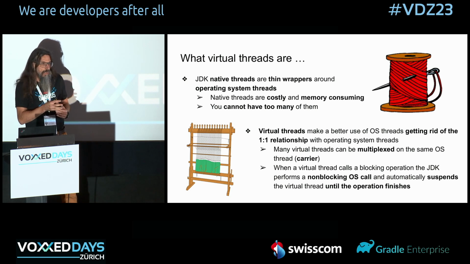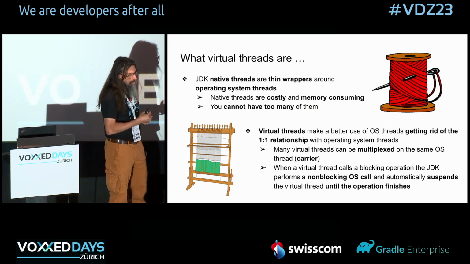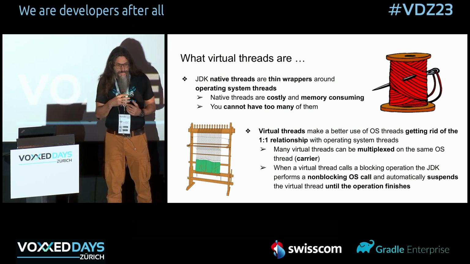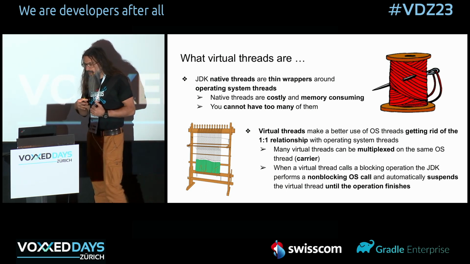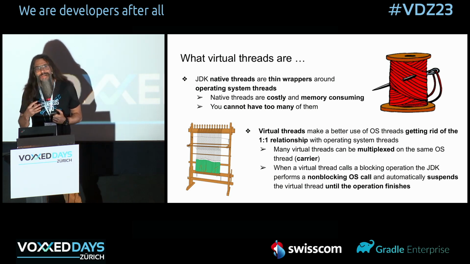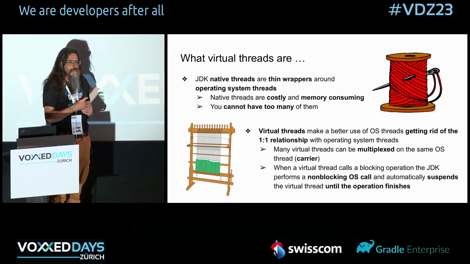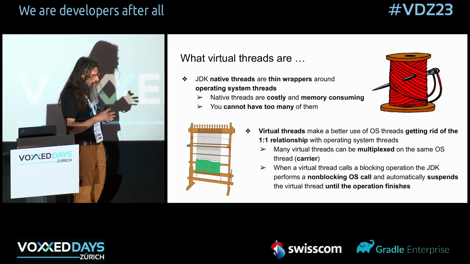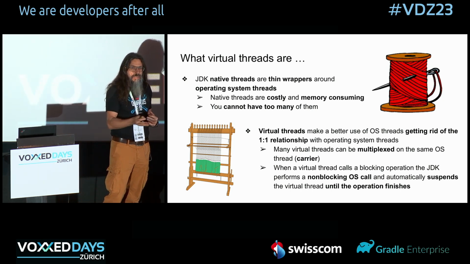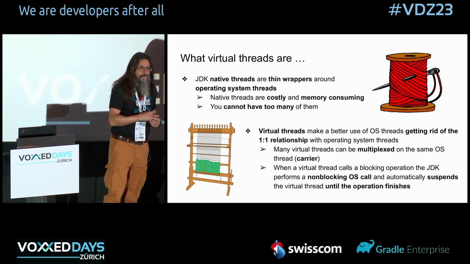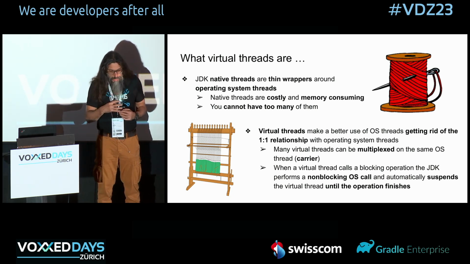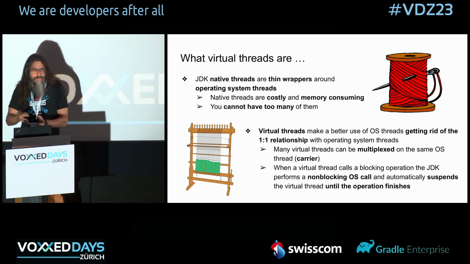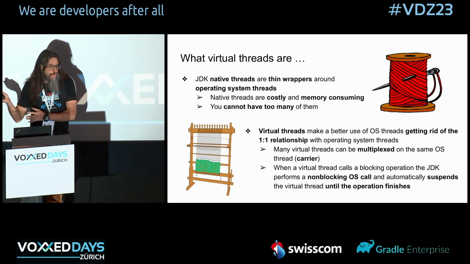Okay, and the other characteristic of virtual threads, and the main reason why you may want them, is that they can go to sleep gracefully when there is a blocking operation. When they need to wait, they can be removed from the carrier thread. So at that point, another virtual thread can take their place and do something useful while the other virtual thread is waiting.